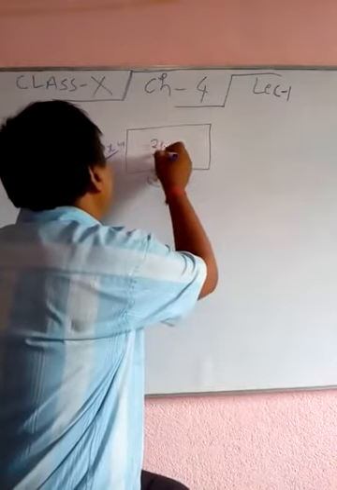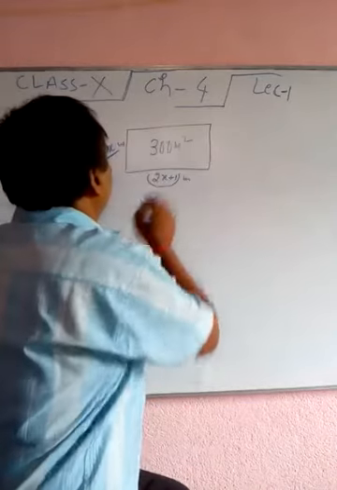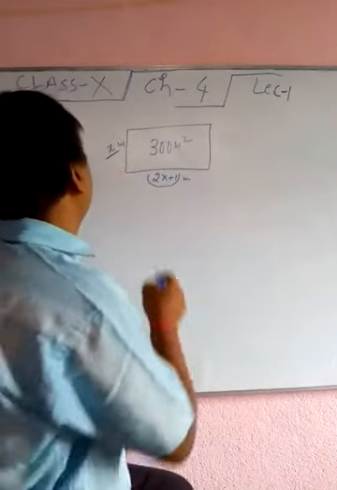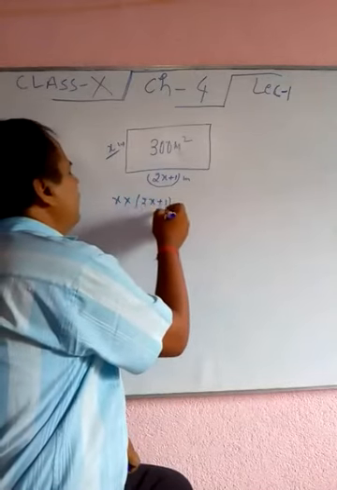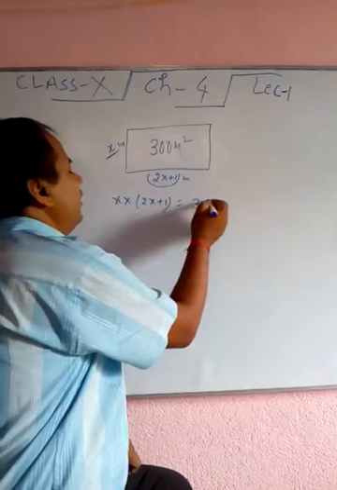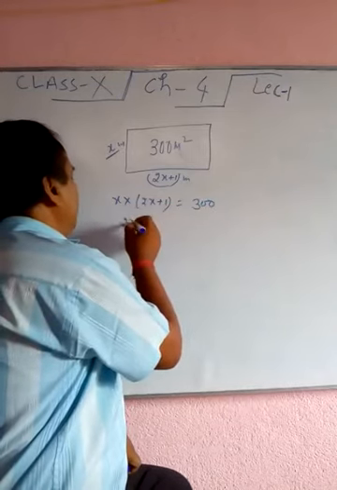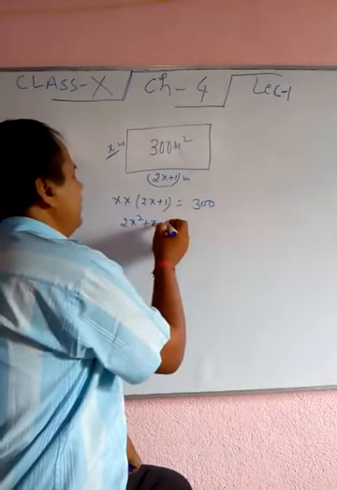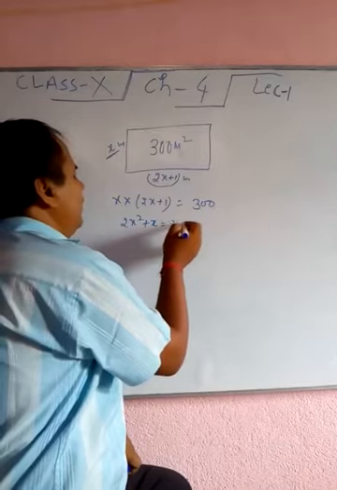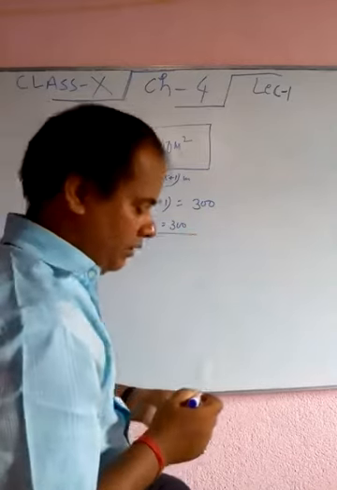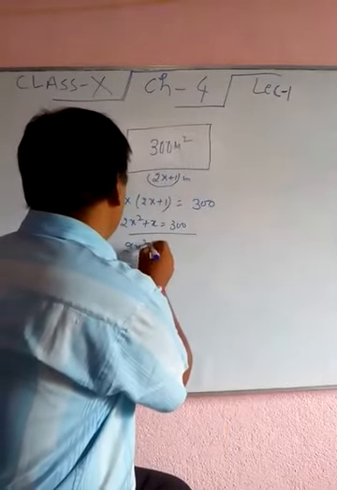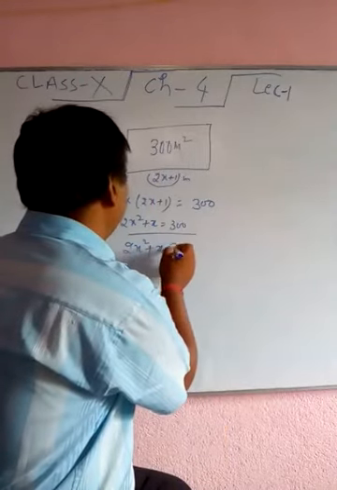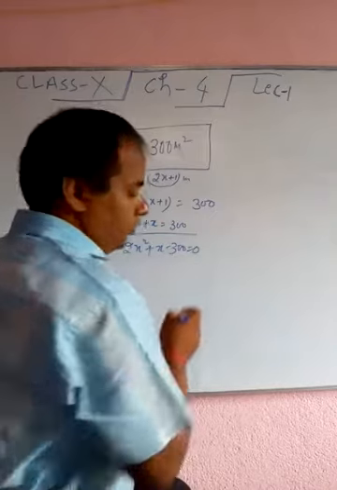To find x, we have x into 2x plus 1 is equal to 300, so 2x square plus x is equal to 300, or 2x square plus x minus 300 is equal to 0.